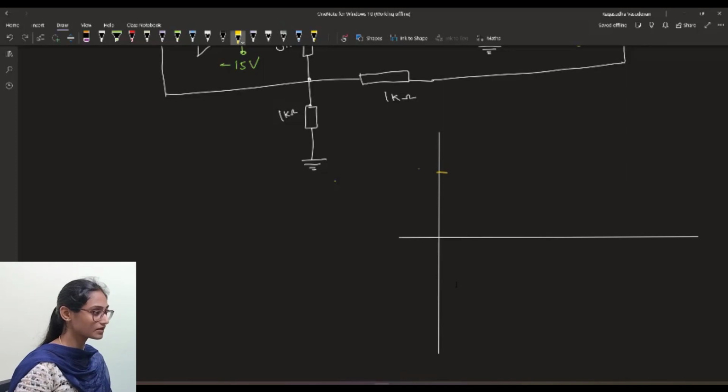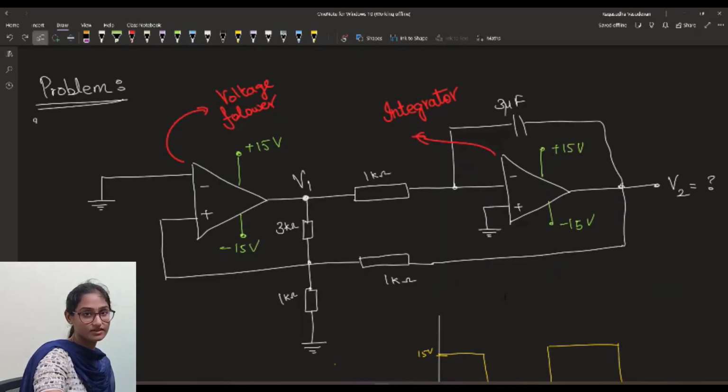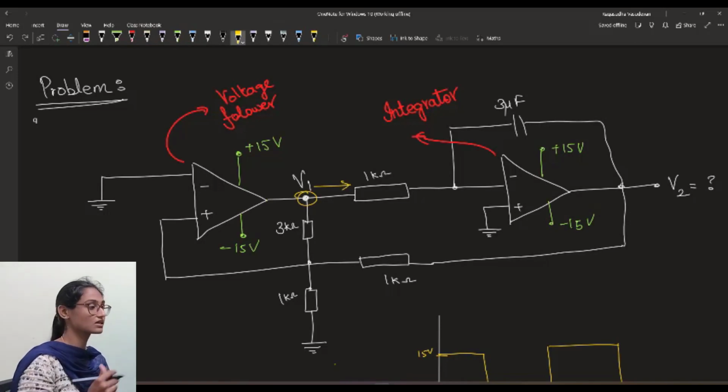V1 will be +15 volt at one instant, and then it will reduce to -15 volt. This is actually a positive feedback case. So let's have V1 aside and let's draw the circuit response of the integrator. The response of V1 is applied to this integrator.